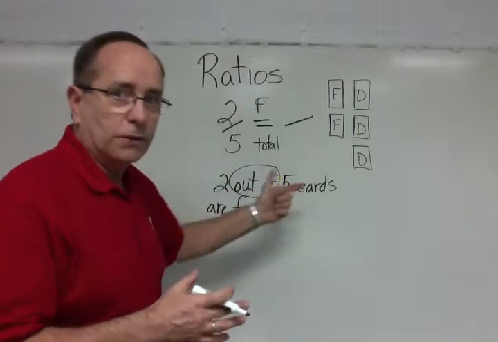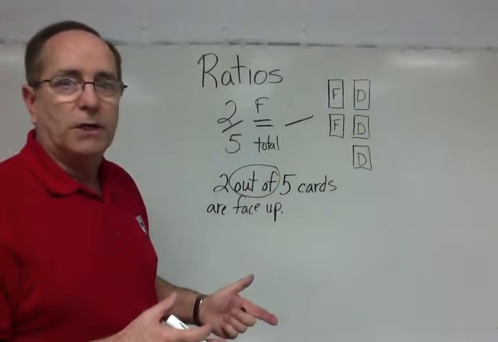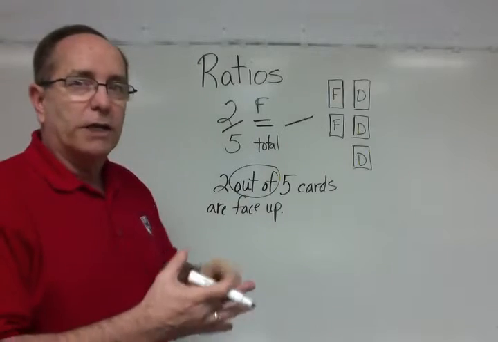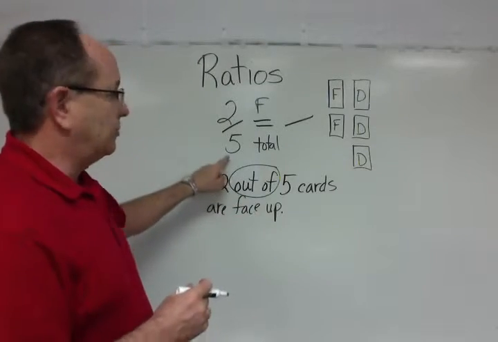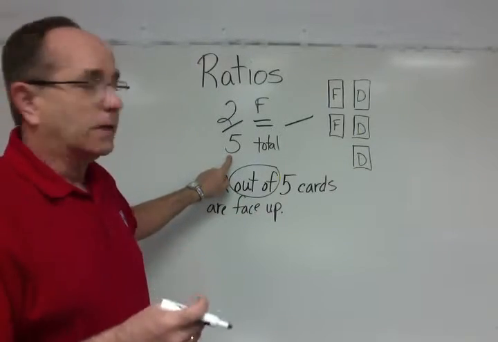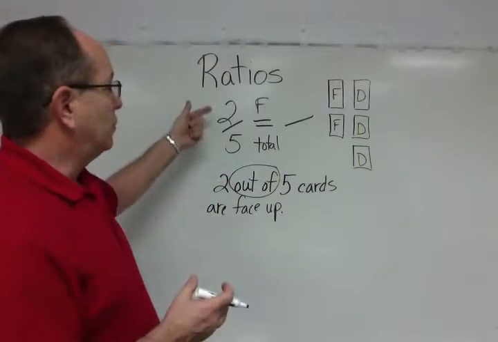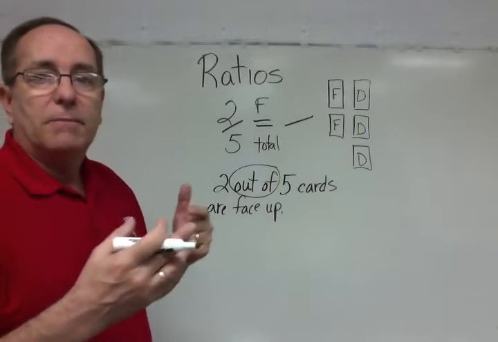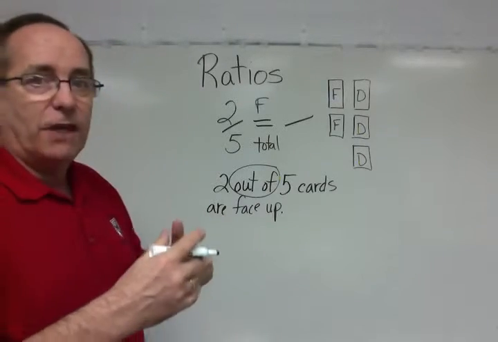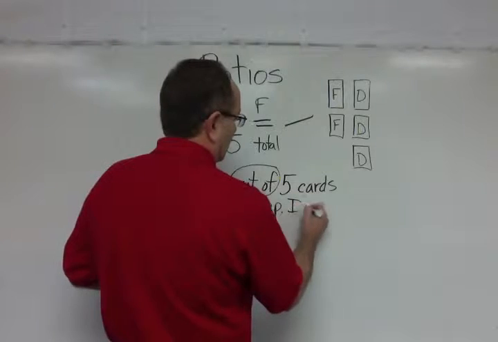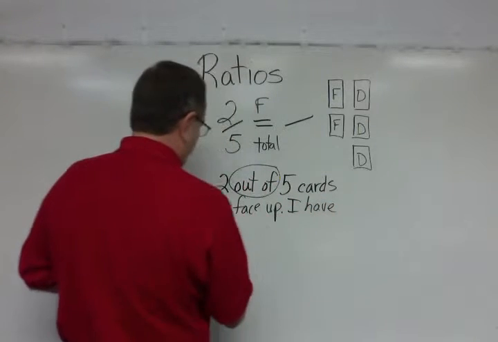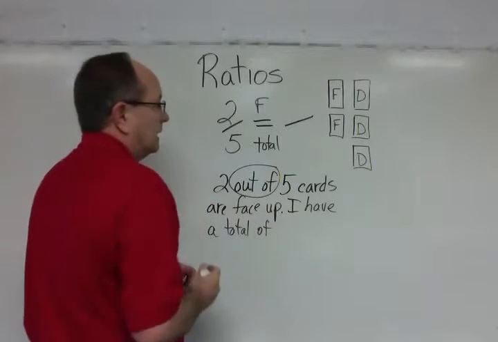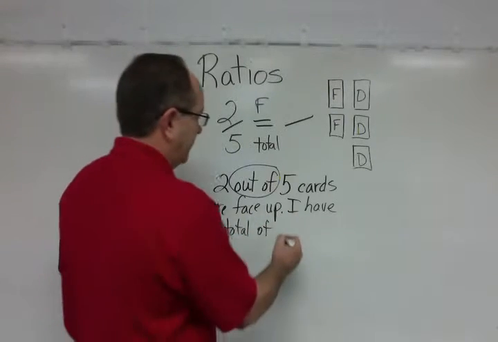So there are some different strategies that we'll talk about as we do these problems in class and practice. But with this one, if I know I want a total, well then use that as your denominator and you can get there quicker. I could have probably got there okay with 2 out of 3 yet, but having that is important maybe for the problem that would say I have a total of, let's say, 10 cards.